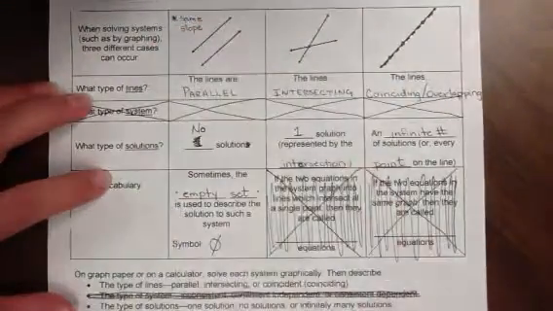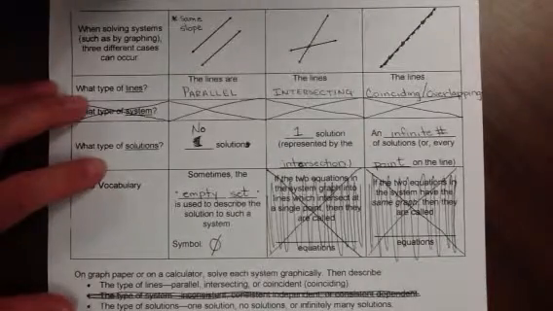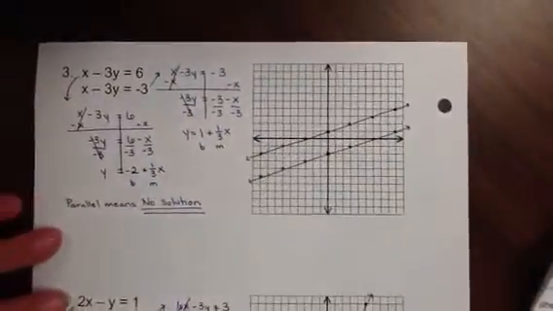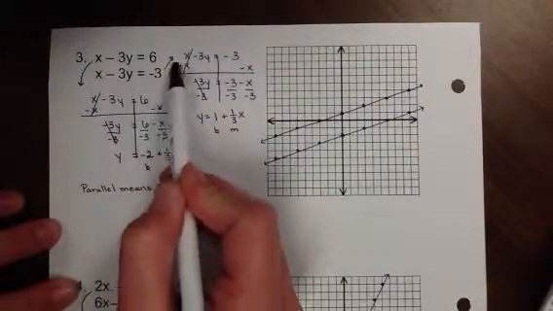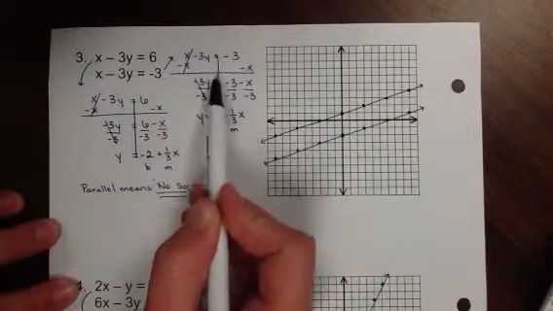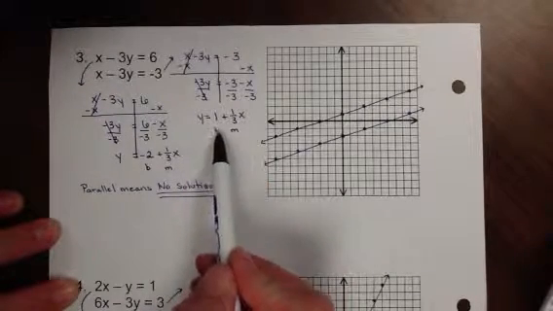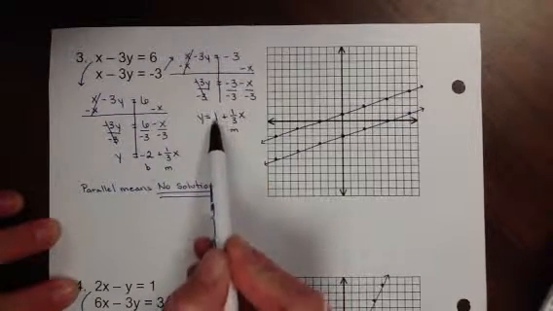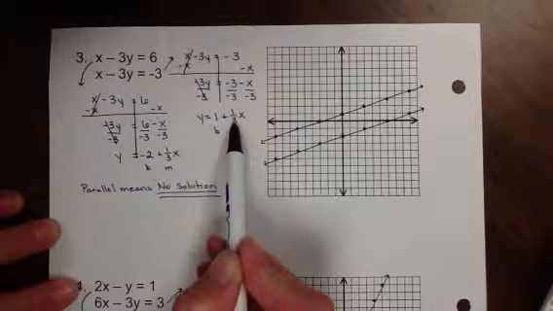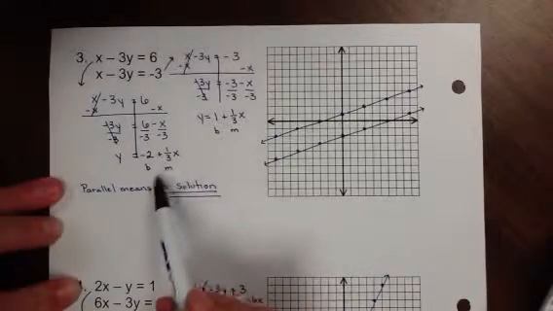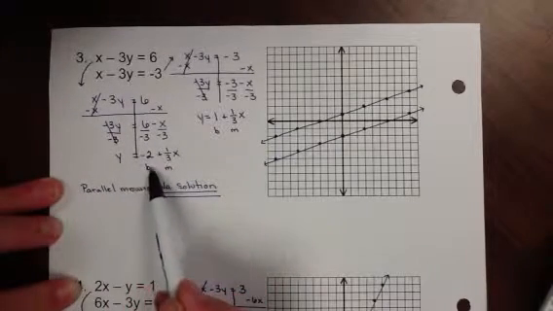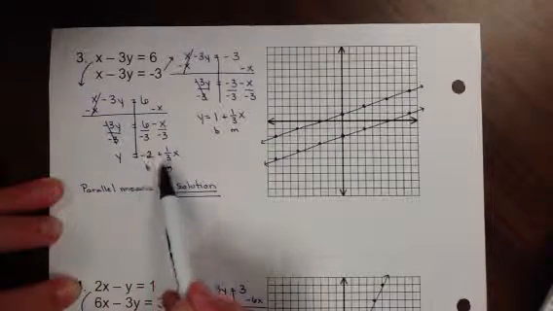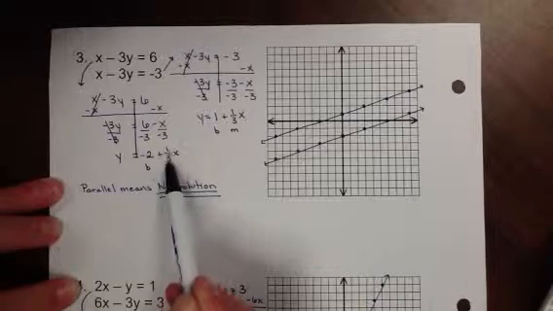So I'm going to go back and take a peek real quickly at our other set of notes that we already completed. If you remember this problem right here, when we changed this equation and worked it all the way through, we got a b value of 1 and an m of 1/3. On this equation, the first one, when we changed it around, we got a b value of -2 and an m value of 1/3.